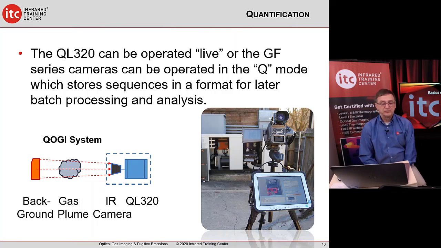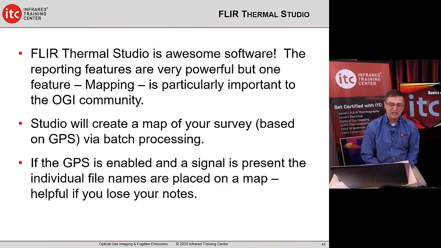And what the Q mode is, it stores a whole sequence of images and all of the data that are required for calculating a gas leak. So basically you have some background gas plume, you look at a source, and you record anywhere between, I think, 300 and 500 frames, and then you provide an analysis.